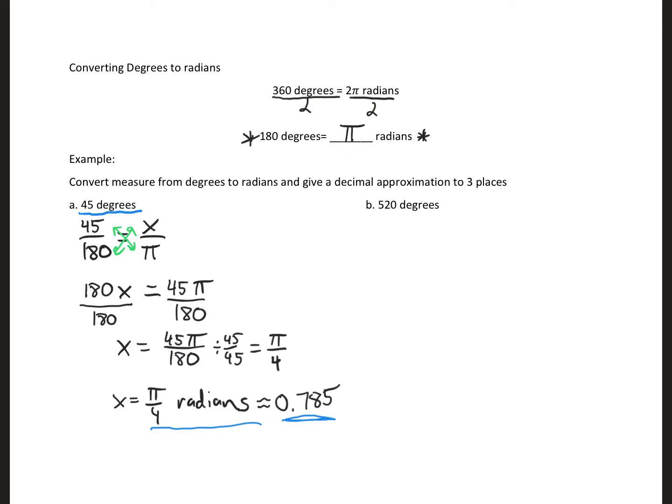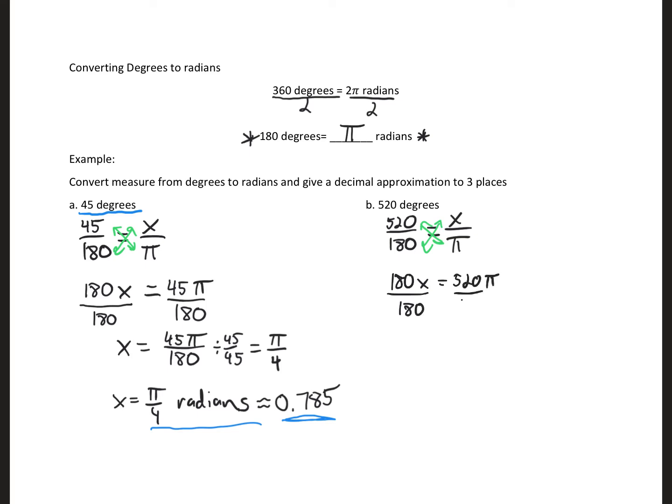So let's do the same thing now for 520 degrees. We're going to say 520 degrees is to 180 degrees, as the angle we want to know, x, is to pi radians. We're going to cross multiply. So 180x equals 520 pi.